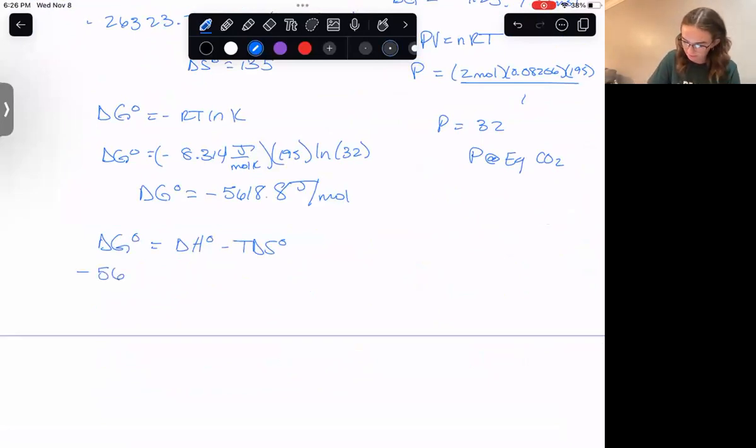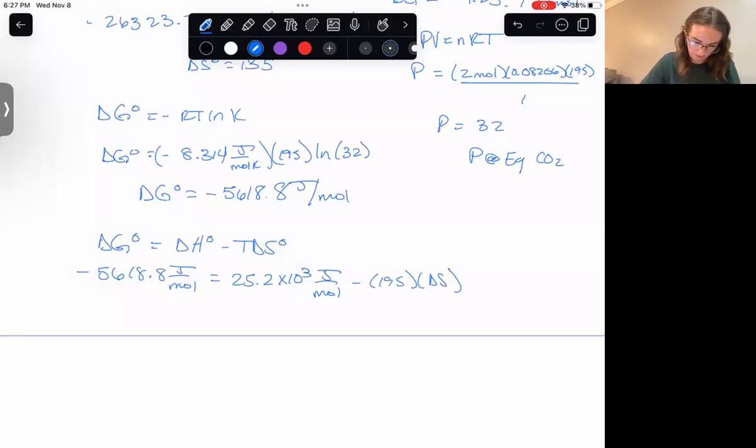So we have 5618.8 joules over mole equal to 25.2 times 10 to the third joules over mole minus 195 times delta S. And I got delta S equal to 158. So it's still not exactly what he wrote, but I think it has something to do along those lines. I will still try and figure out how to solve this.